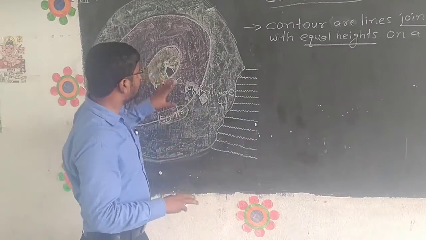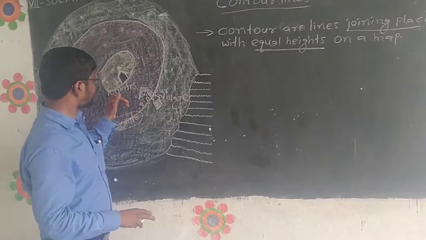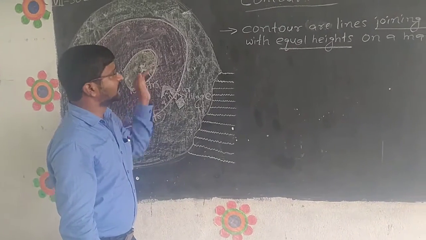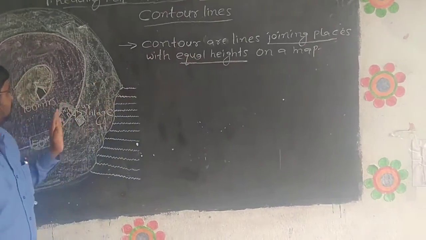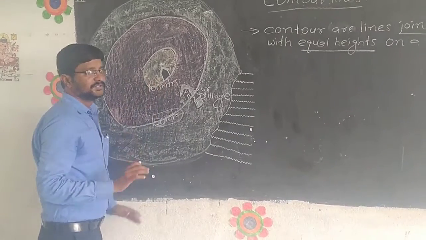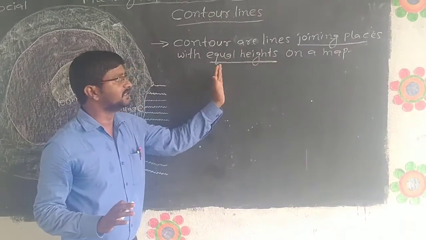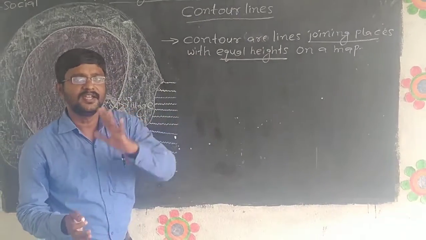It means all the places on this line have a height of 100 meters. What is this contour line doing? It is joining the places which are 100 meters in height. So now what we understand is that contours are the lines joining places with equal heights on a map.